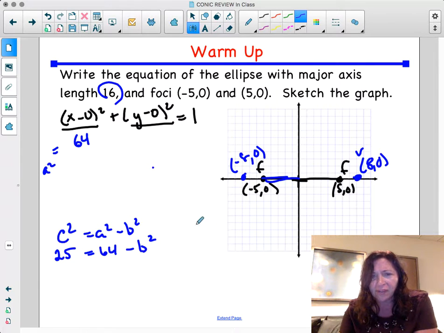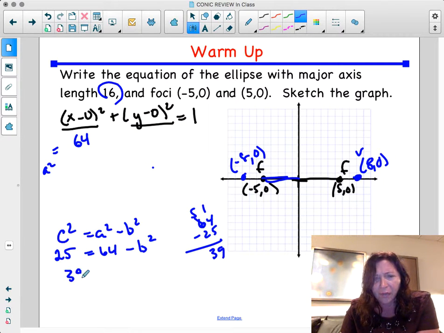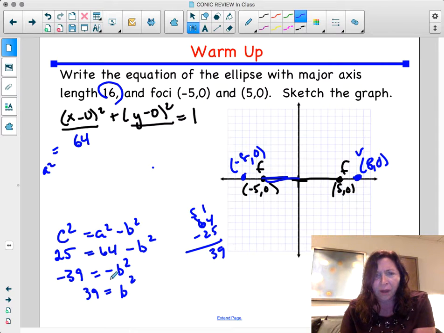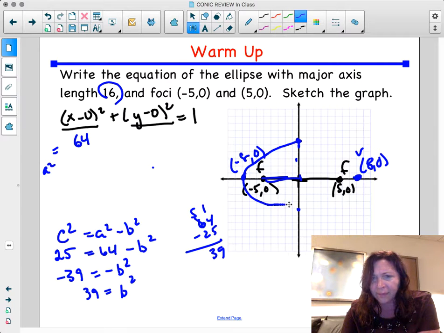If we take 64 and subtract 25, you're going to get 39. So negative 39 is equal to negative b squared, so b squared is equal to positive 39. That means the other value going up is the square root of 39, and down. That's roughly a little bit more than 6 in both directions, so my ellipse is going to look something like that.